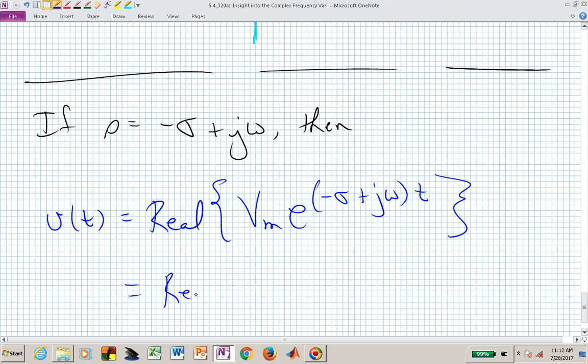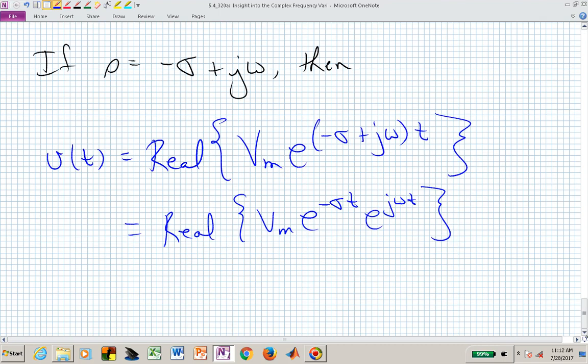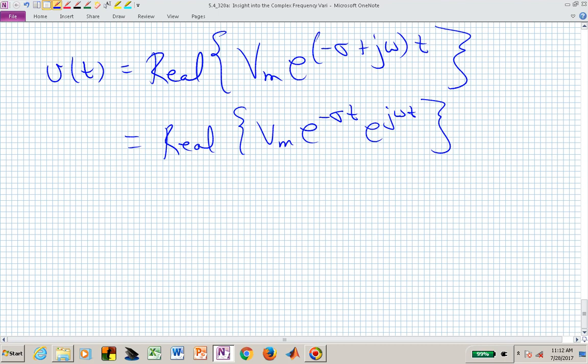This is now the real part of v sub m e to the minus sigma t. Let's distribute that t in the exponent and make the one term two exponentials that are multiplying each other together.